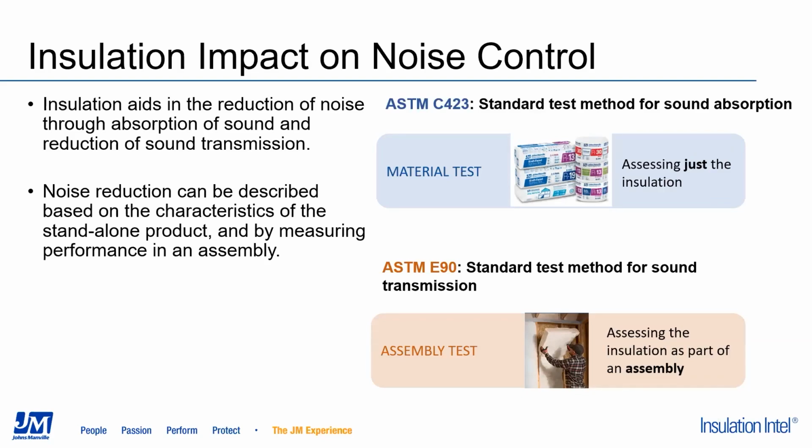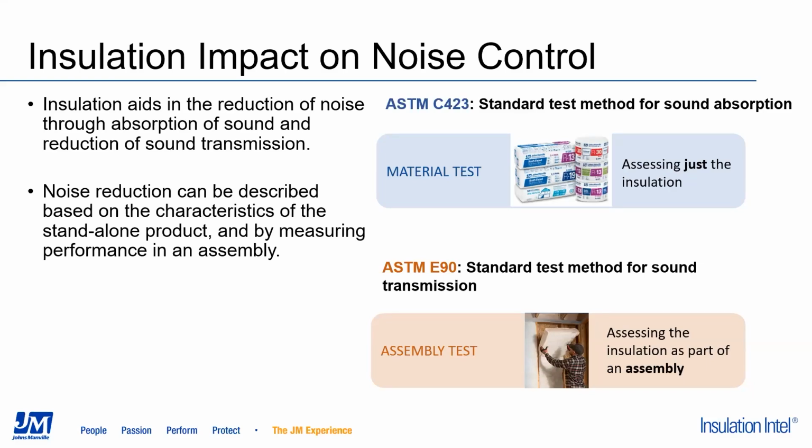Now, as we look at different types of insulation and try to assess their role in acoustics, there are a few ways to look at performance: quantifying sound absorption and sound transmission.